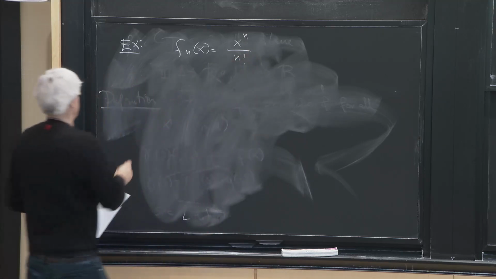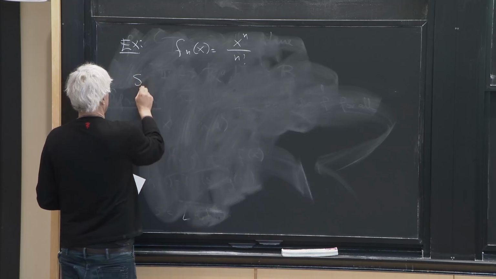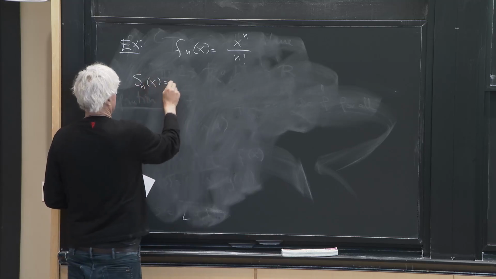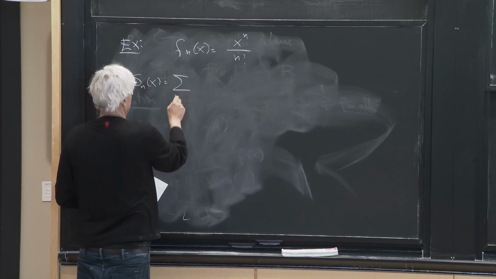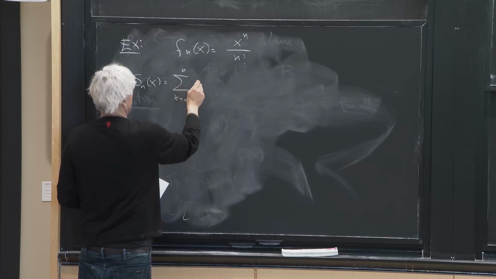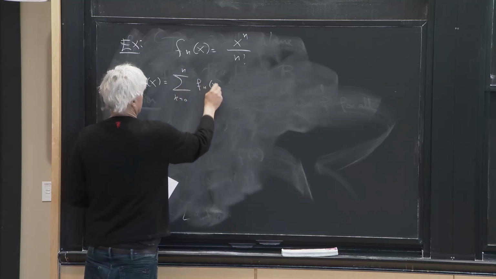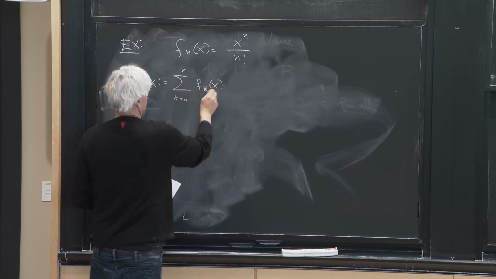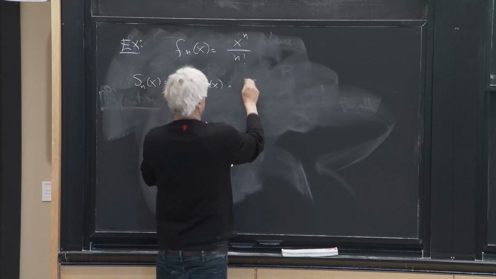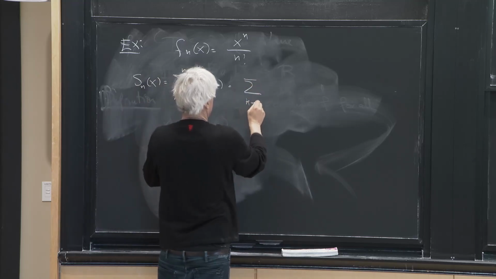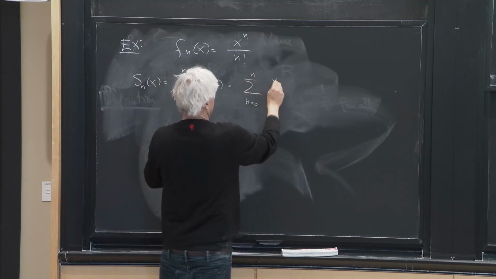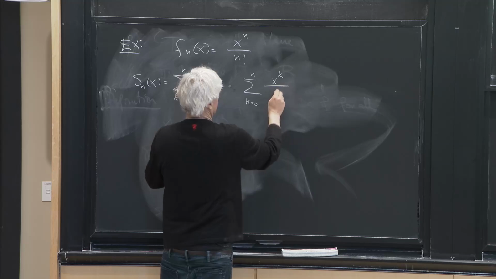Now I define Sn of x as the sum from k equal to 0 to n of fk of x, so the sum from k equal to 0 to n of x^k over k factorial.